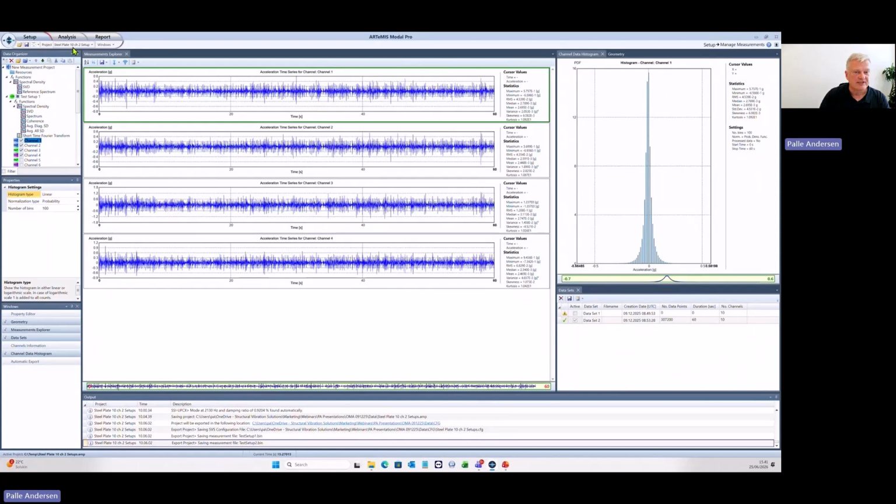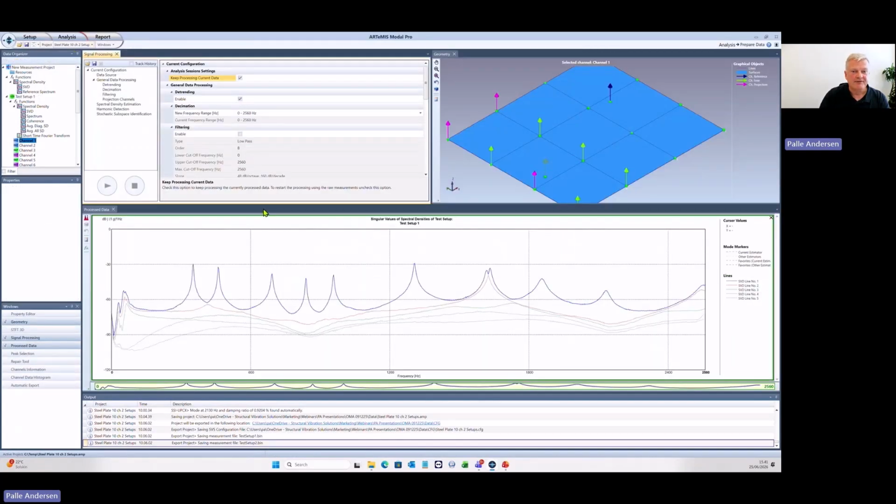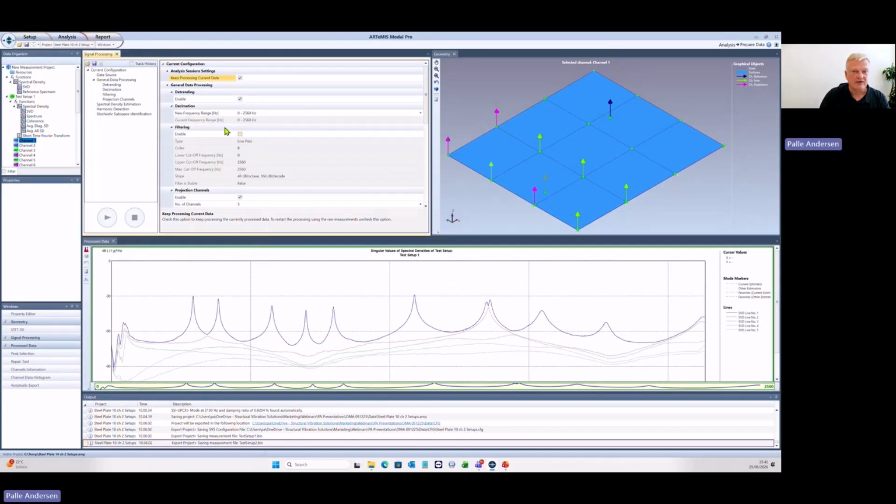So if we go here to this one here, we have this dialog here that allows us to process the data, the raw measurements, in different ways. But it's all designed to make it as good as possible for the analysis that you would like to do in the software. So the first thing you can do is to try to remove the trend.